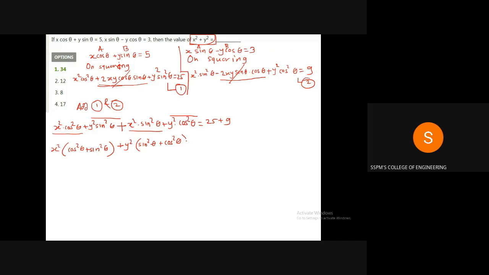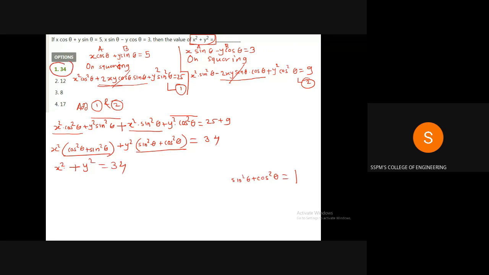Okay. Here we know the basic identity: sin square theta plus cos square theta is equal to what? It is always 1. So this part is 1, and again sin square theta plus cos square theta is 1. So x square plus y square is equal to 34.